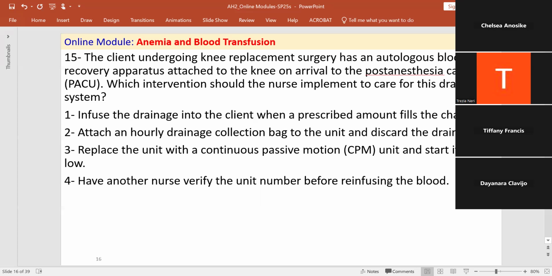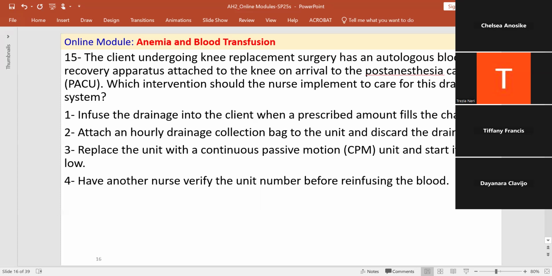And number 4, have another nurse verify the unit number before reinfusing. The blood has not been cross-matched, so there is no cross-matching number. Number 4 is usually done when we have a recipient and a donor, where the patient is receiving a donor's blood unit.